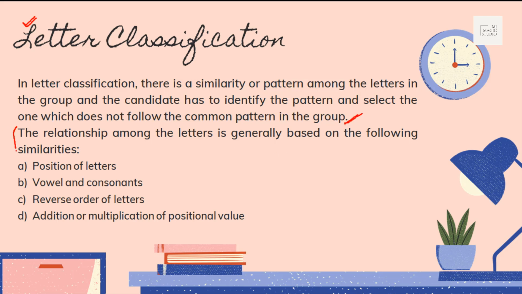There are a few relationship patterns which are very common in letter classification: position of letters according to their numerical positions, vowels and consonants, reverse order, addition or multiplication of positional values. These are common things, and we will take up all of them in the examples to follow.